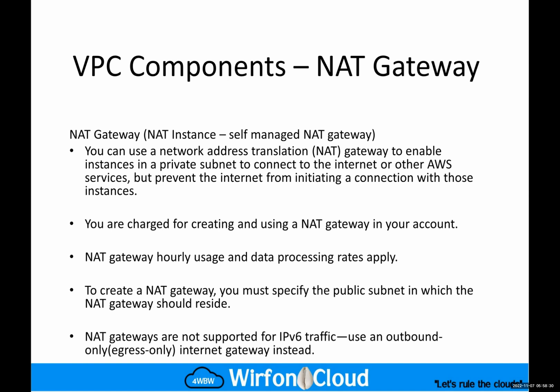Of course, responses to requests from the internet are returned to the instance, but you cannot initially make a request to an instance in a private subnet through this NAT gateway. You are also charged for having a NAT gateway in your public subnet, on an hourly usage basis.